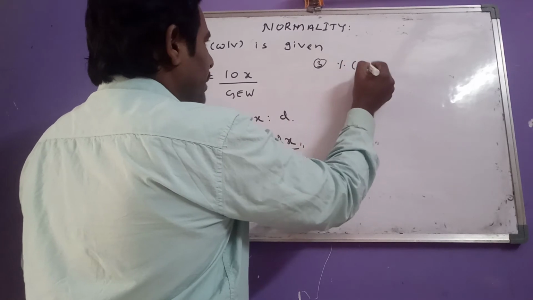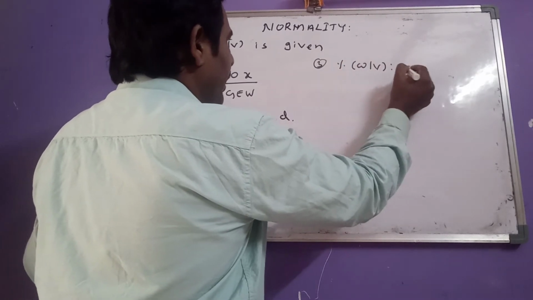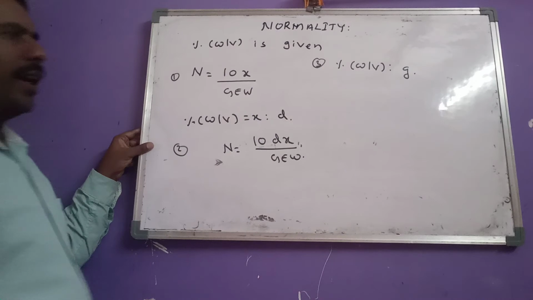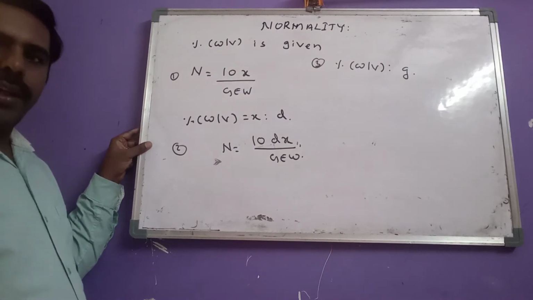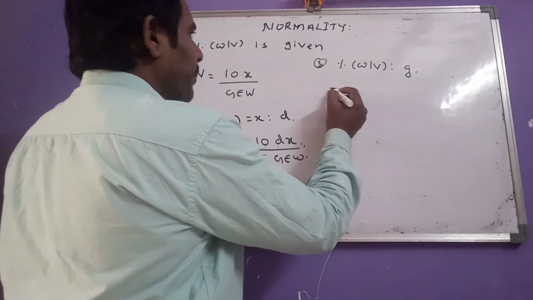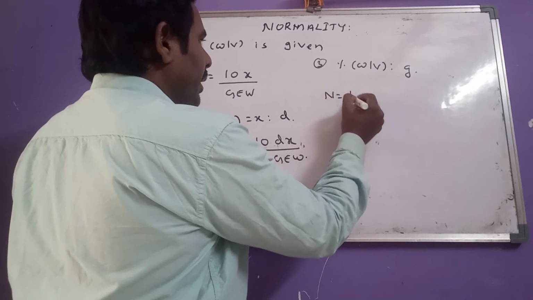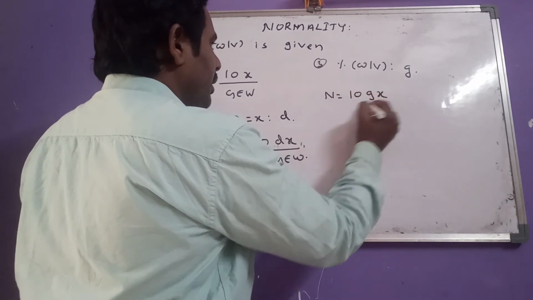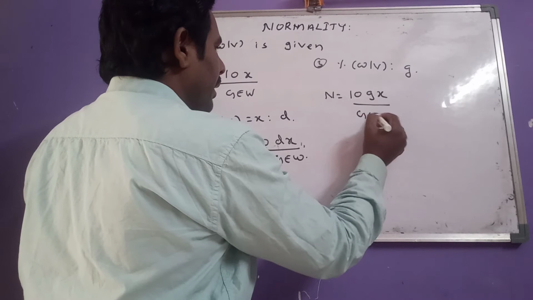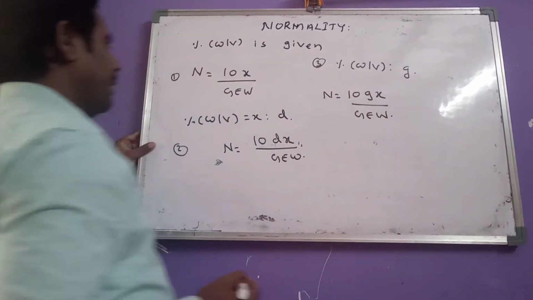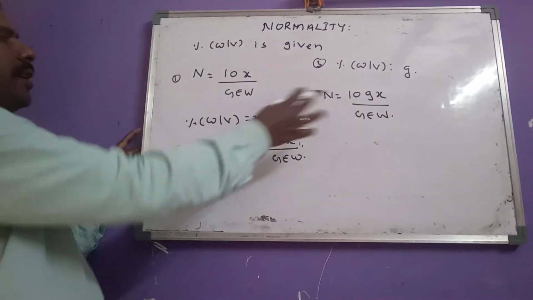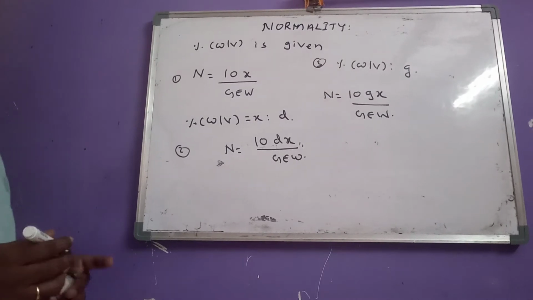When percentage W by V and specific gravity G are given, then normality equals 10 Gx by gram equivalent weight. So these are the formulas we have to use.